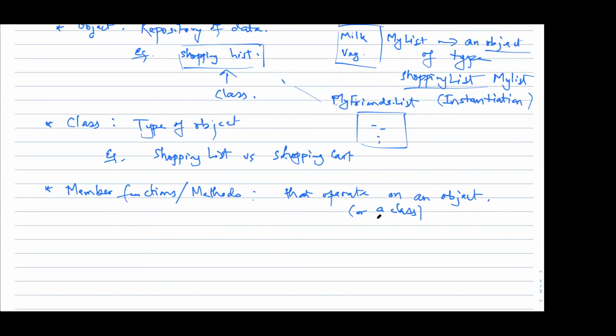Now, why I wrote here object or a class is because later on you will see there is a keyword called static. When that keyword is associated with a member function, then that function operates on the whole class, and it is not dependent on the specific instantiation of the class in the form of an object. Okay, I think I gave a lot of definitions. Now let's start making it more practical.